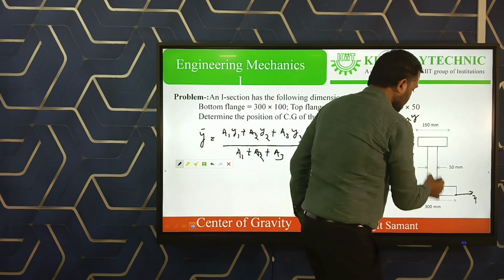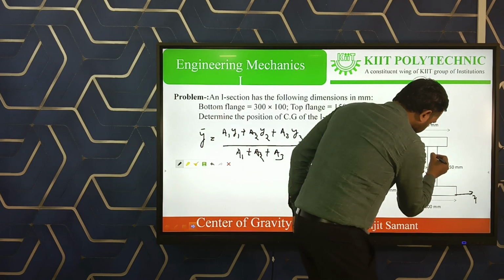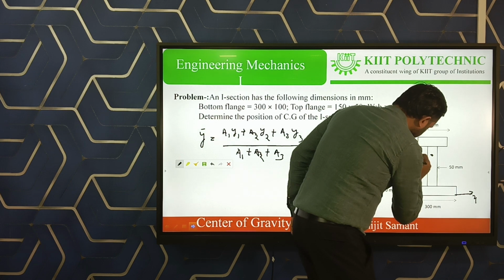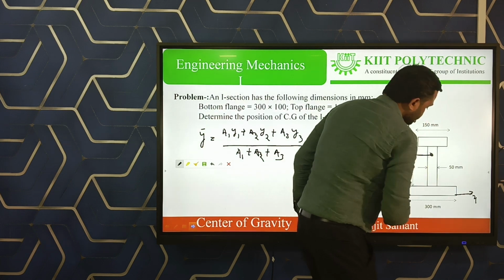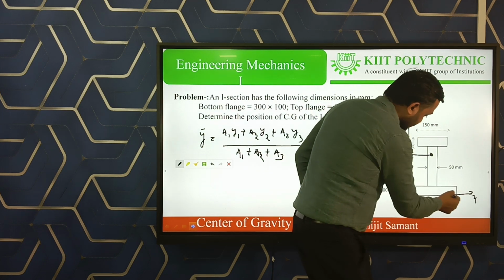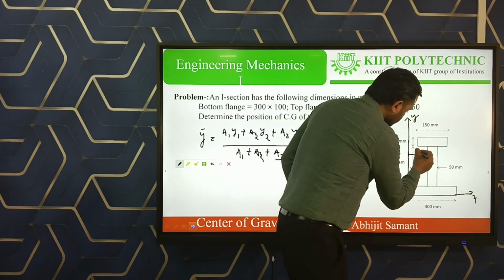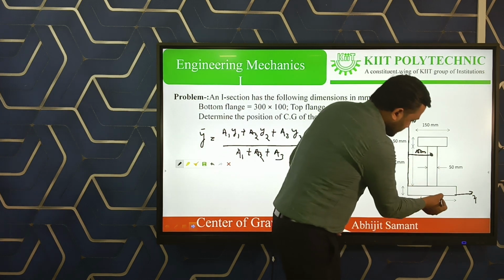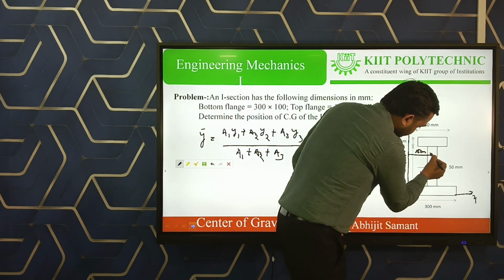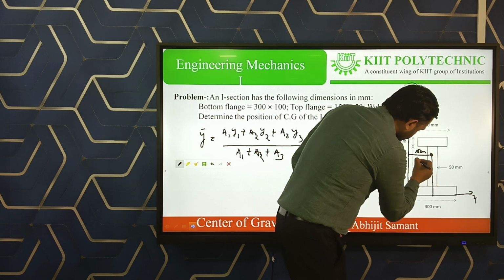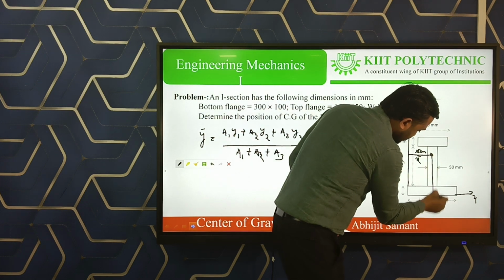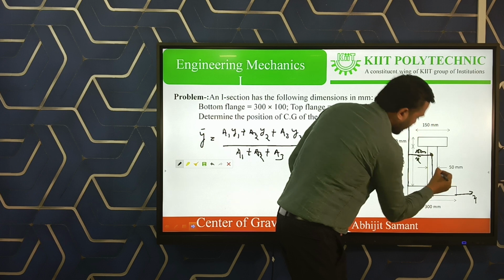Here this is the y axis. Suppose this point is the centroidal point for the total I section. Then this distance from the y axis is 150 mm, which is x bar, and this distance, which we have to find, is known as y bar.